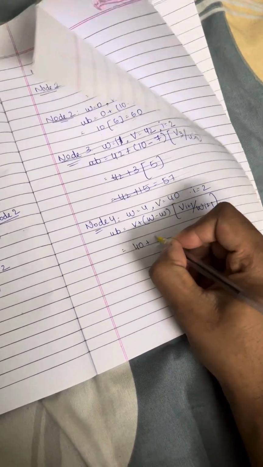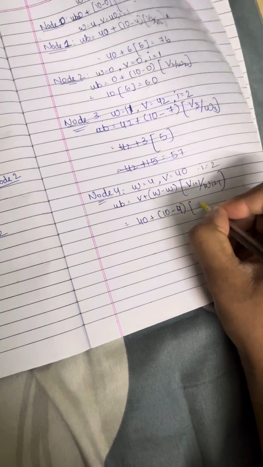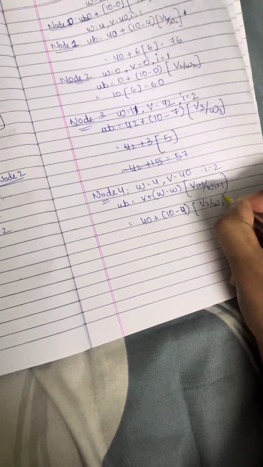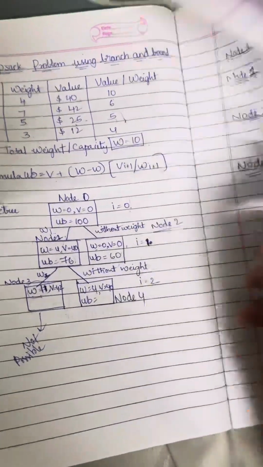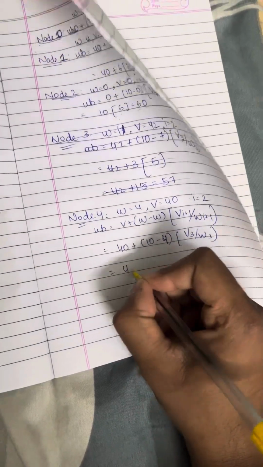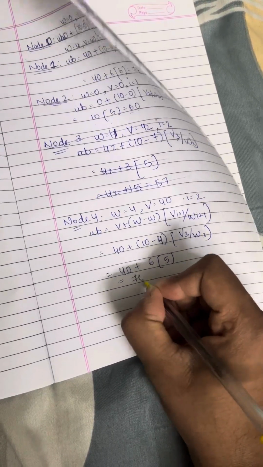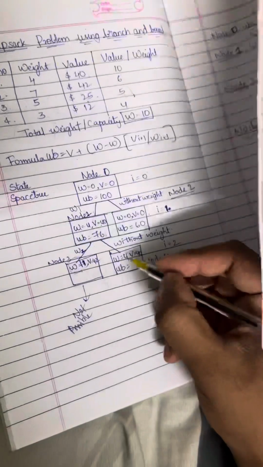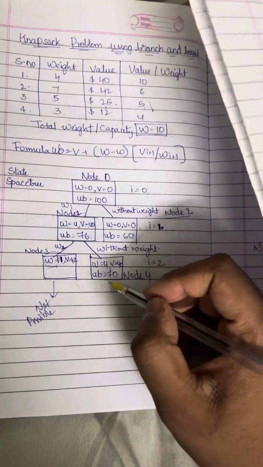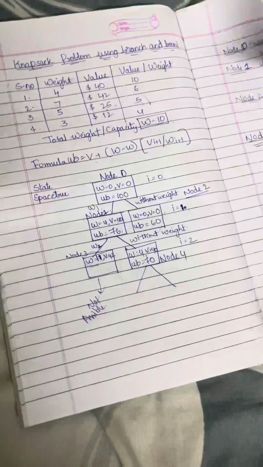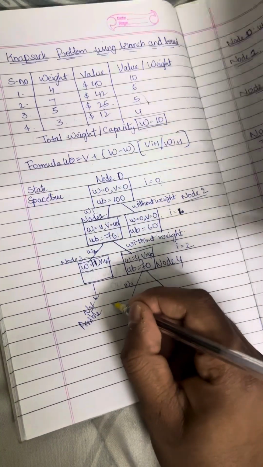V is 40 plus 10 minus weight 4, that is 6, times V3 upon W3, which is 5. 40 plus 6 times 5, you get 40 plus 30, which is 70. 70 is the upper bound value for this. Now we need to split this into two again. Here we need to add the third weight of the problem.